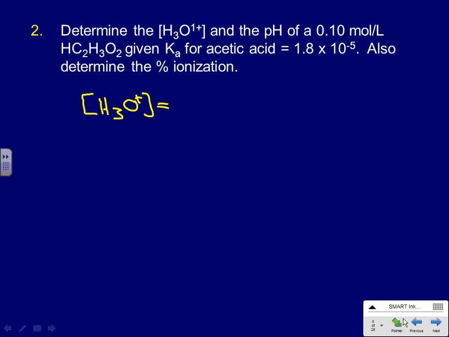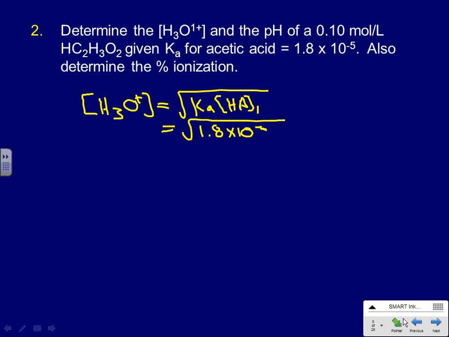What do you got, Christian? HA initial. Yep. That's going to get it for us. If it's truly weak, that shortcut will get it. And then you go straight down to pH.